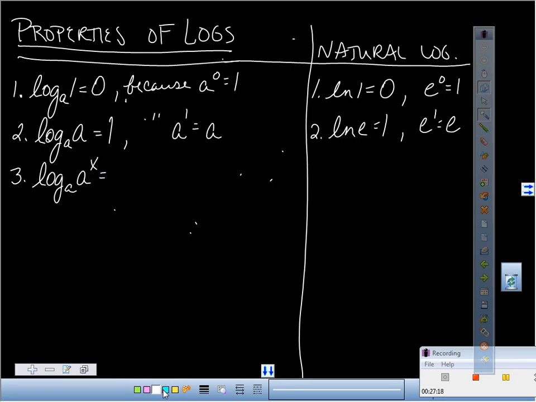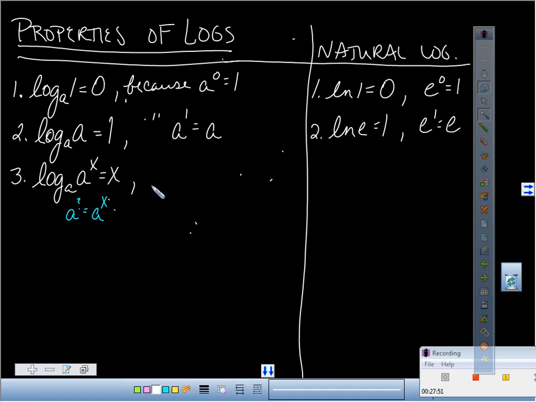Now guys, this is what it's asking you: A to what power is equal to A to the x? And then I remember it like this. What's a logarithm? Exponent. What's the exponent? There you go.